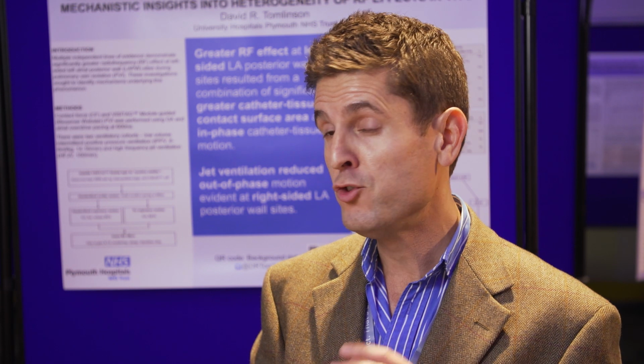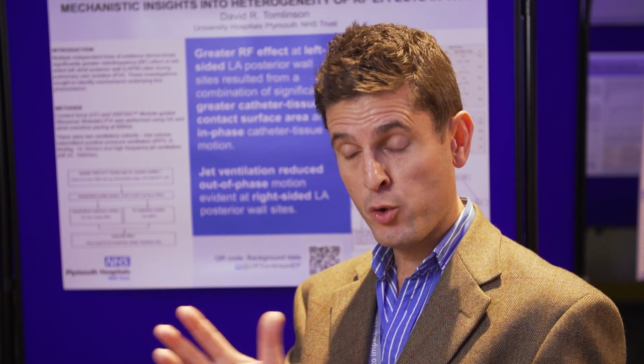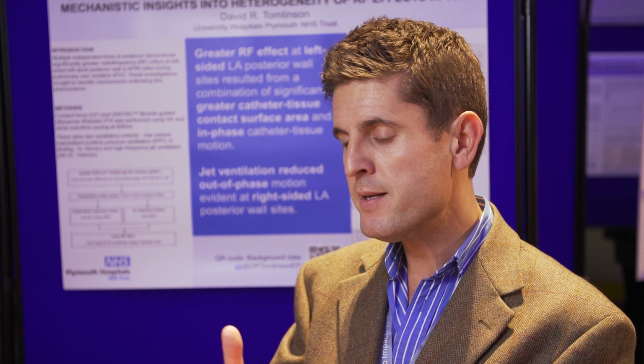I'm stressing that because not many people are aware of that, and yet the esophagus disproportionately tends to lie towards the left side of the left atrial posterior wall, and everyone's worried about atrioesophageal fistula, quite rightly, as a complication from AF ablation. The left atrial wall thickness is pretty much uniform left and right side. There's slight variation towards the carina, but the left atrial wall is no thicker on the left side of the heart, so there's no reason on God's earth that I need to ablate deeper on the left-hand side than on the right, particularly when the esophagus is more likely to be on the left-hand side.